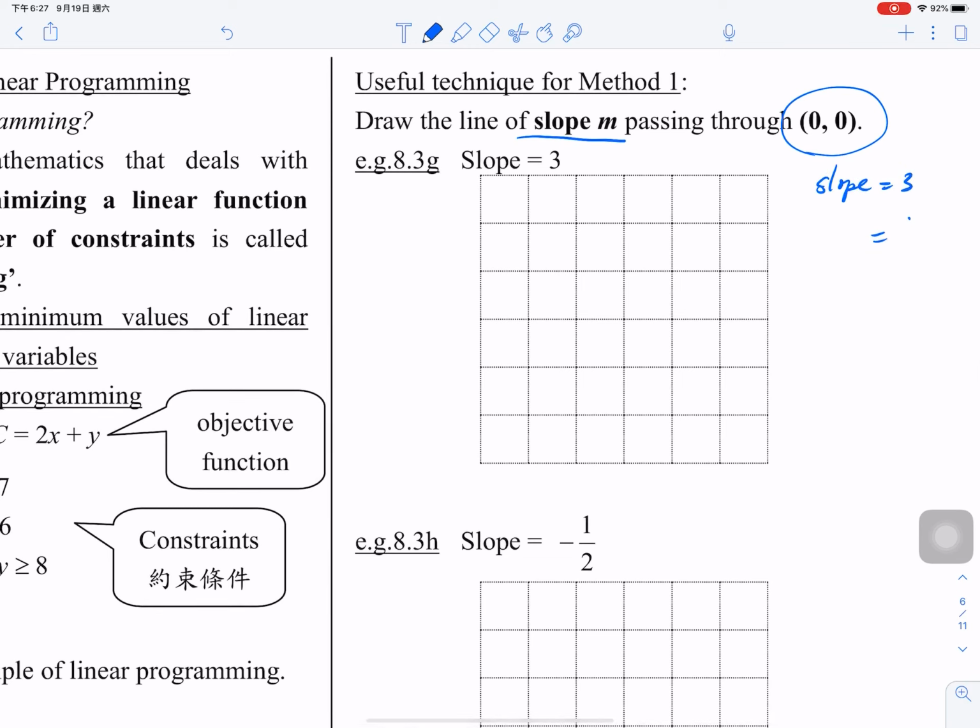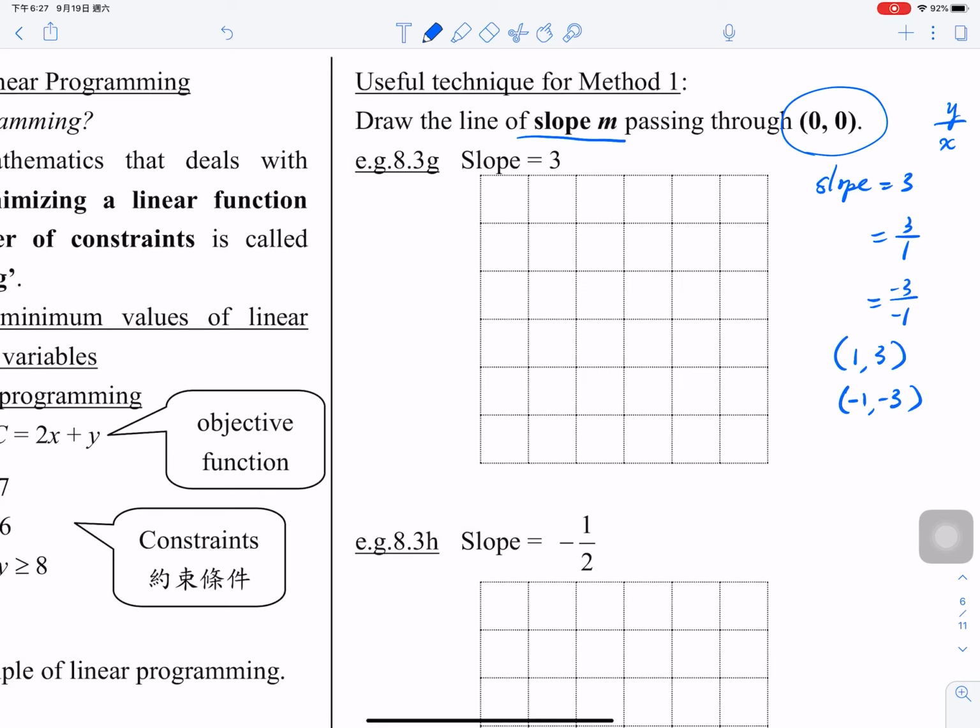You can think of it as 3 over 1 or negative 3 over negative 1. So we have 2 points. Remember, slope equals y over x, right? So you can think of it as 1, 3, and the other point negative 1, negative 3.